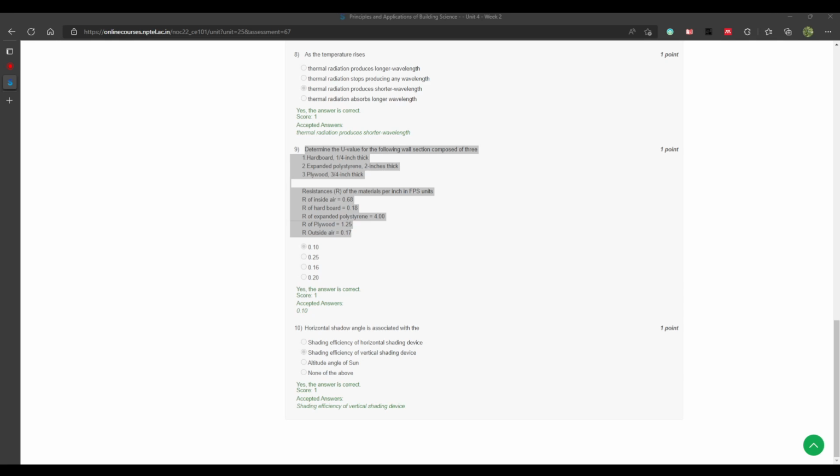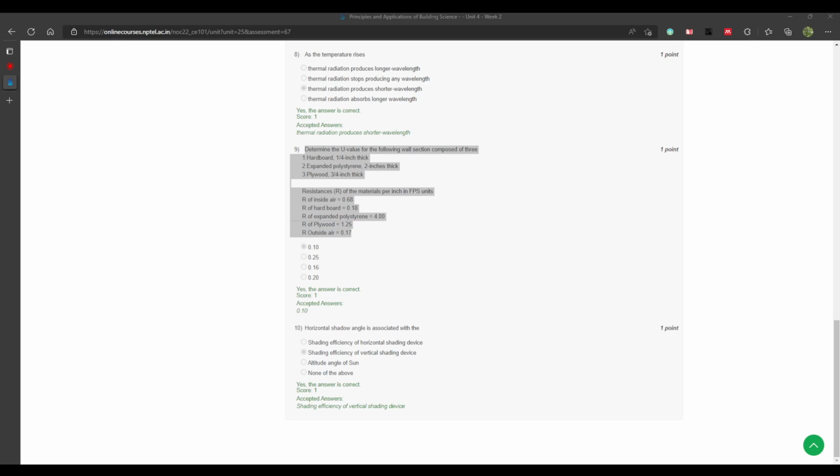Here we take the first one as the inside layer, going from inside to outside. Ri is given directly, so you just consider 0.68 because it's a coefficient. R1 is hardboard, 0.8 into 0.25, which is 0.045.